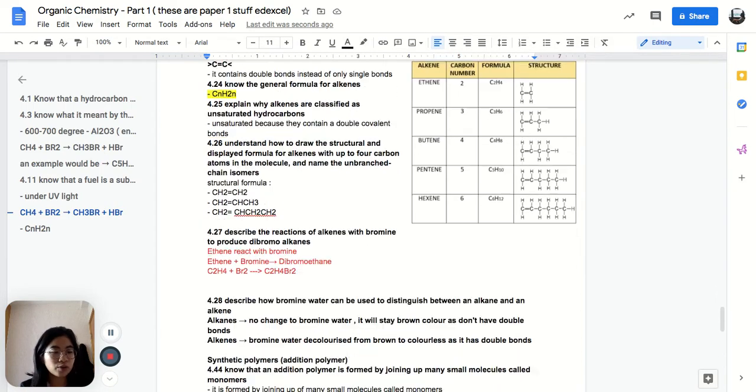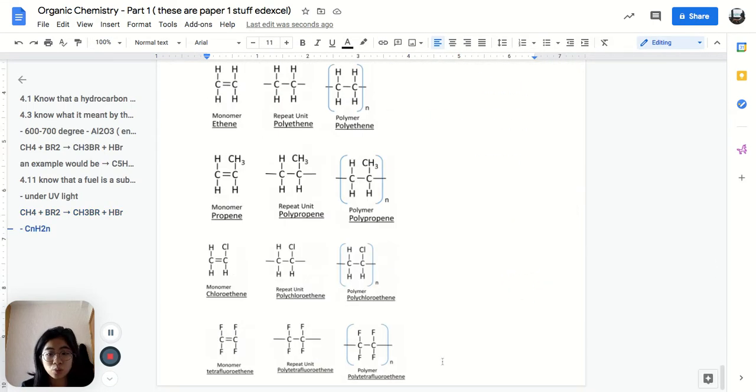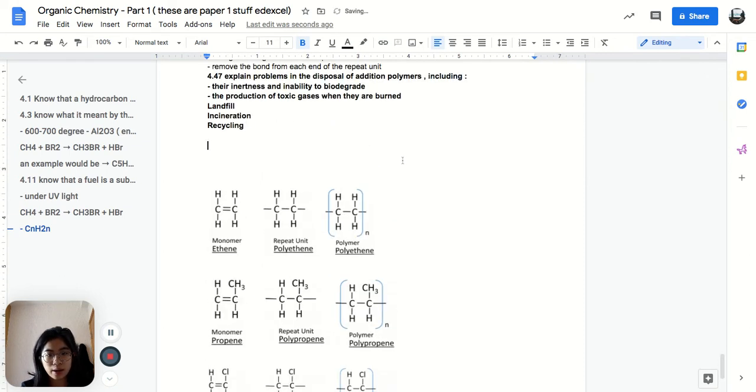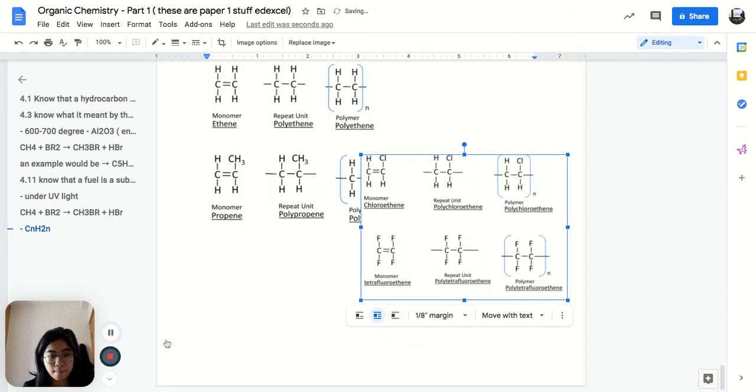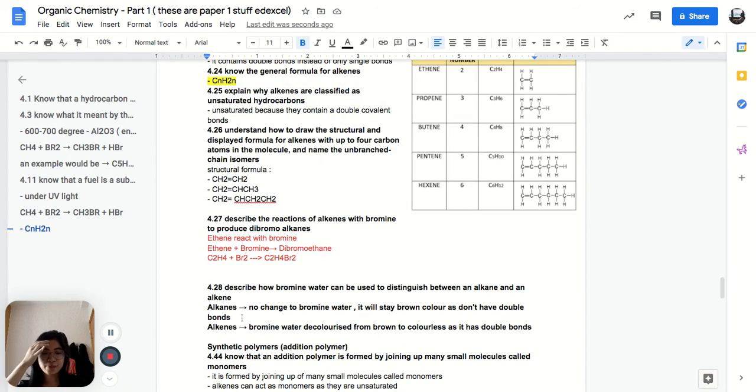Isomers is something that I really struggled with so much when I was doing it, so that is why I will be teaching you the isomers part, which I feel is the hardest part.